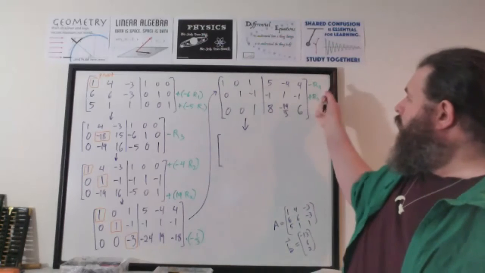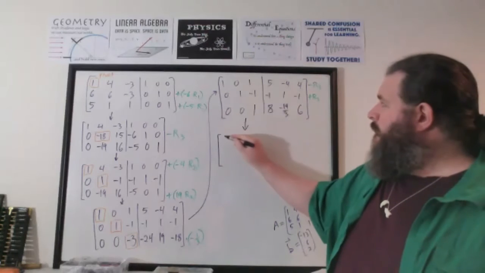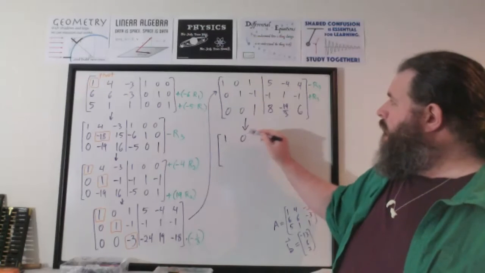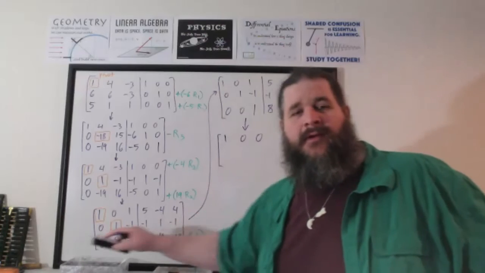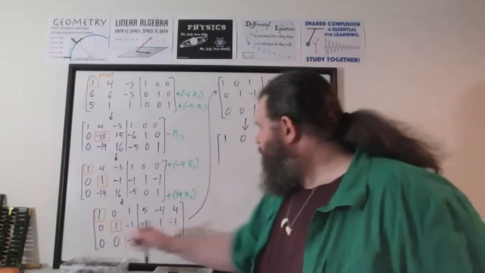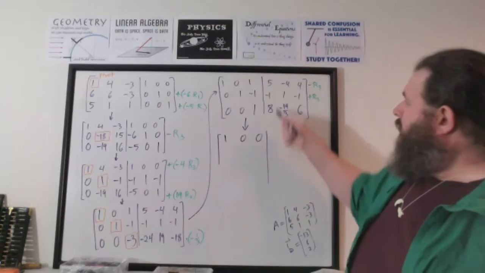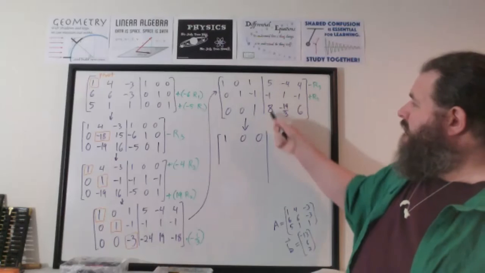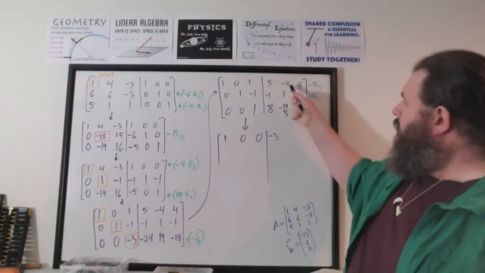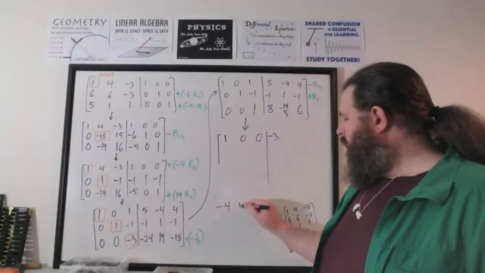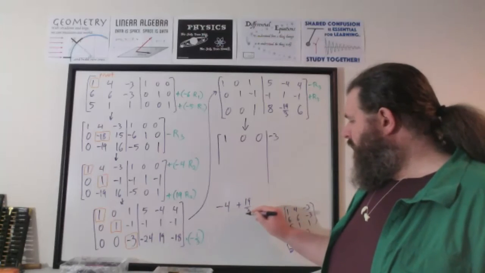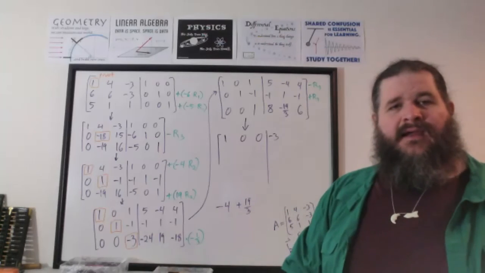So subtracting row 3 from row 1, 1 minus 0, 0 minus 0, 1 minus 1 cancels out. That's the row of the identity matrix we want. And then carrying that through the rest of the row, 5 minus 8, -4 minus 19 thirds. So -4 plus 19 thirds. We'll want to write that as a common denominator.